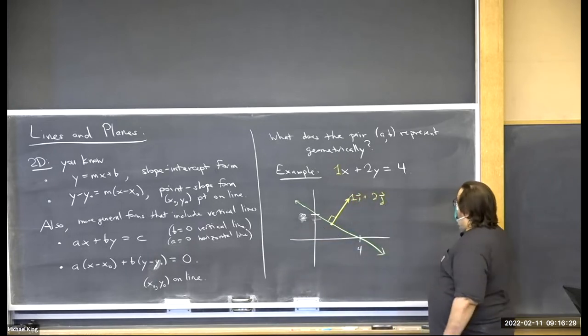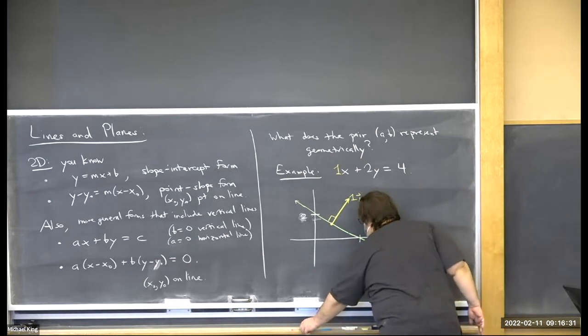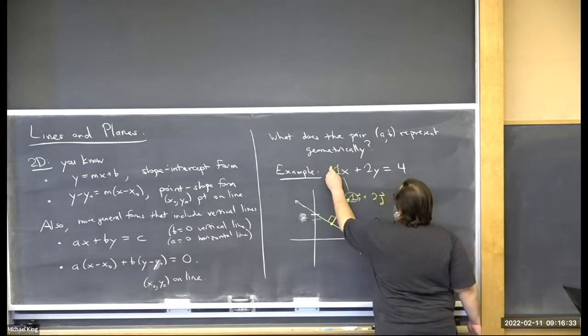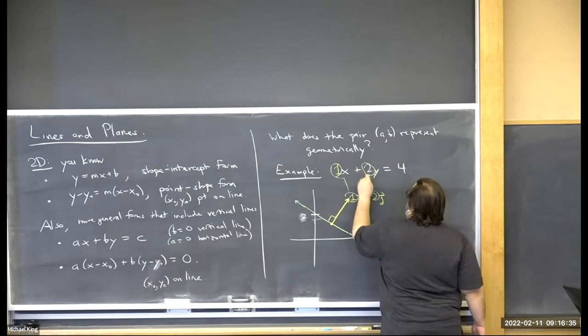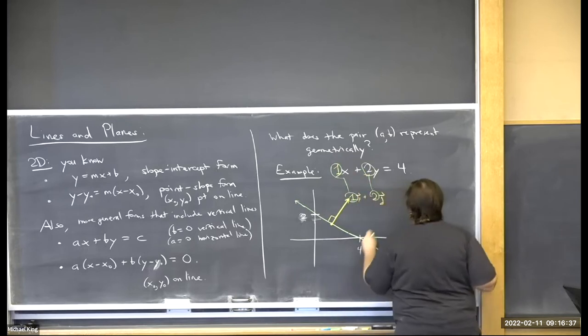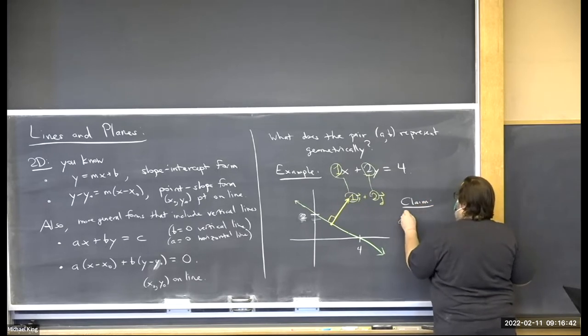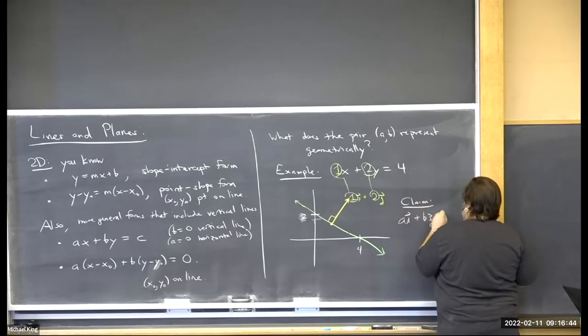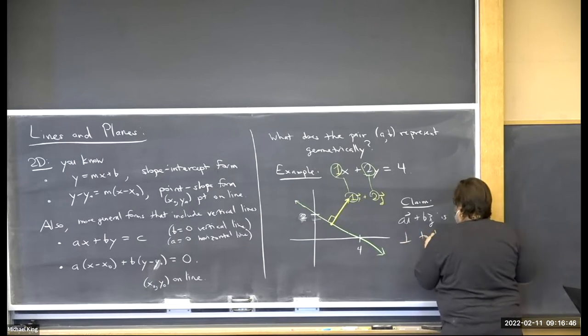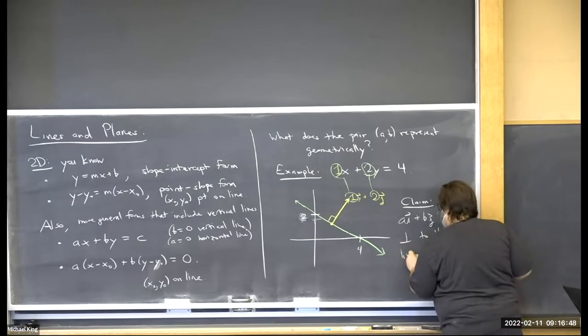Okay, so I'm claiming this is not a coincidence. The claim I have here is that ai plus bj is perpendicular to the line. Actually, it has a name.